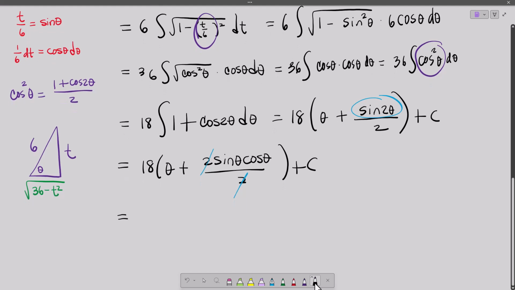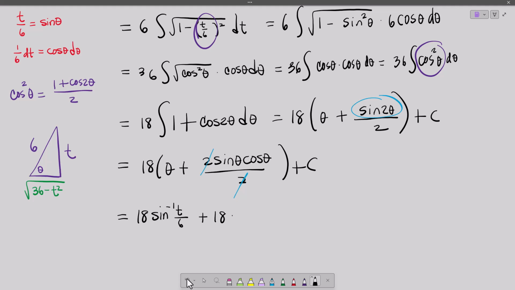So now I'm going to distribute this 18, since we don't want it factored out of just part of our answer. Theta is inverse sine of t over 6, so we're going to have 18 times inverse sine of t over 6. That's the 18 distributed to theta, plus 18 distributed here, multiplied by sine of theta, which is t over 6.